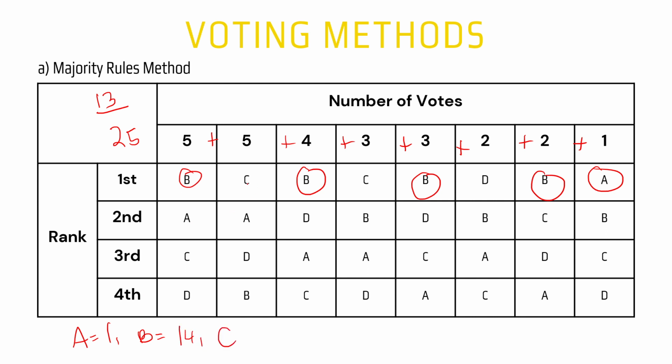For candidate C, we have 5 plus 3, which is 8. And for candidate D, we have 2. So we can see here that the candidate with the most votes is B, which has 14 votes. Therefore, since 14 is greater than 13, the winner via majority rules method is candidate B.